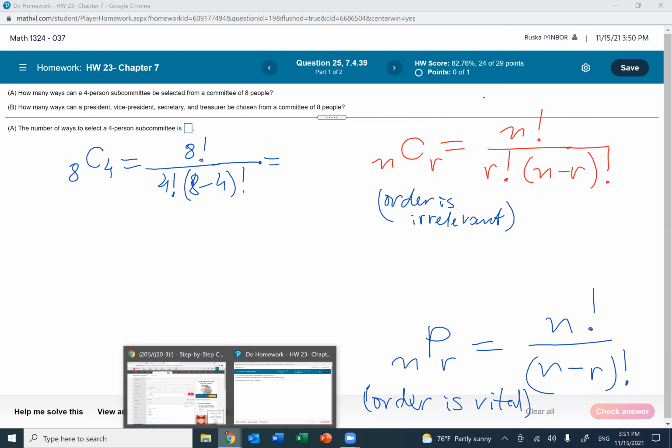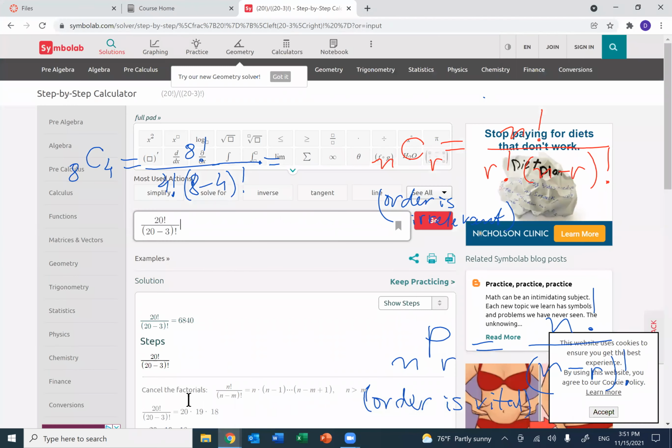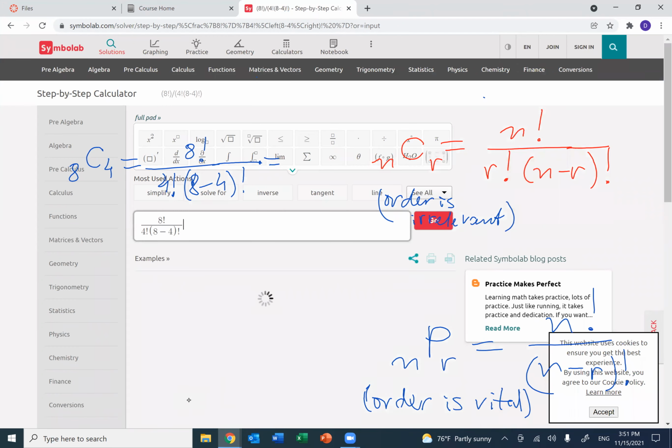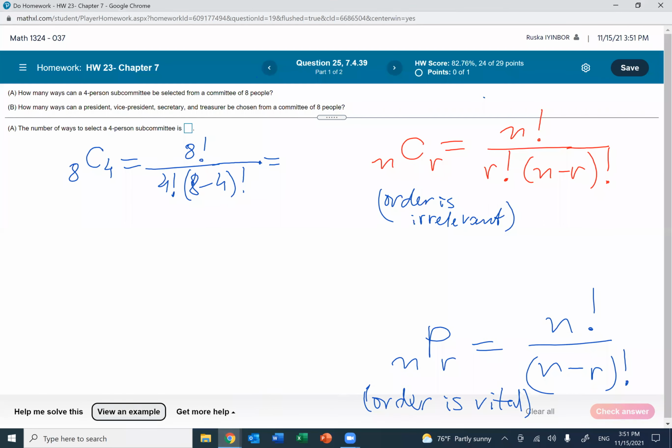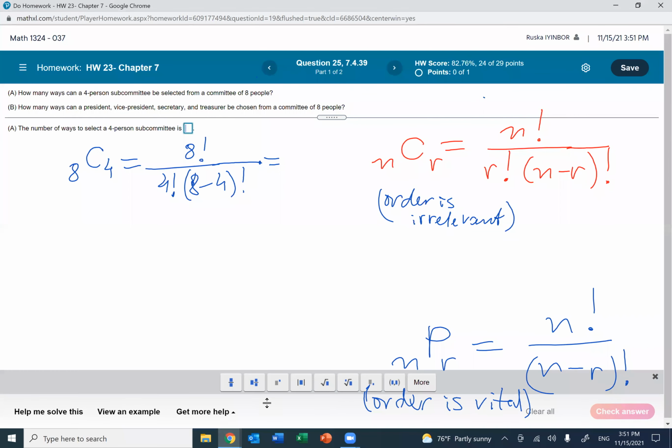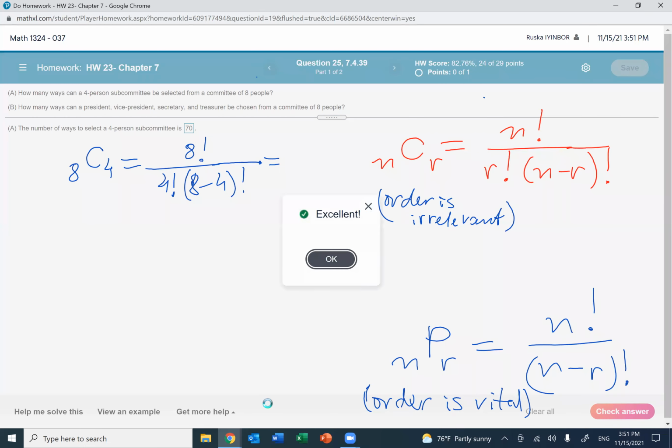So we have 8 factorial over 8 minus 4, and I have to put 4 factorial in front because it's a combination. And we got 70. So the answer is 70. We're checking that. Okay, that's good.